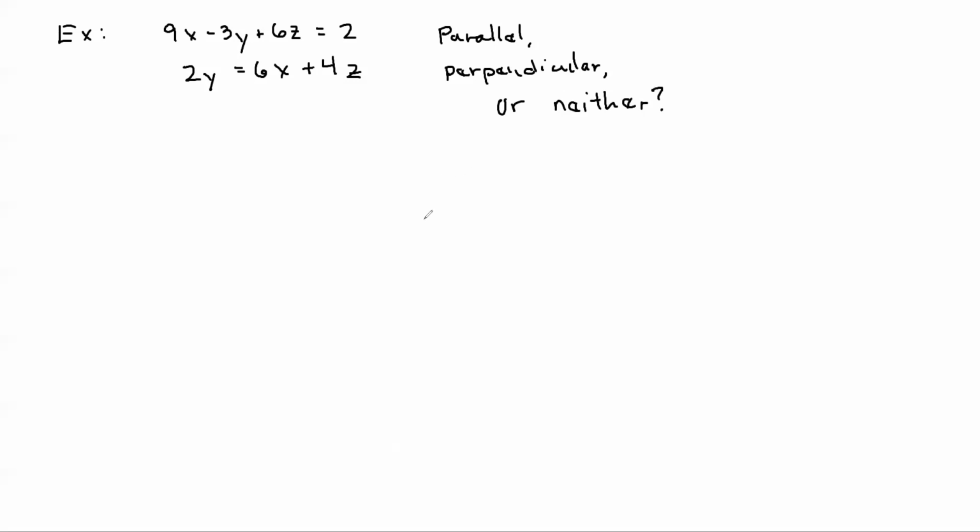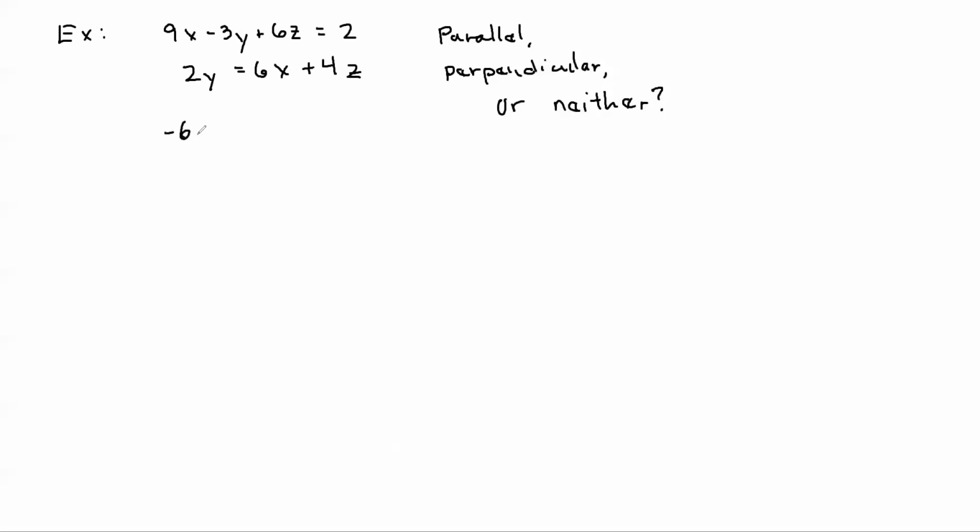In order to answer that, the first thing that we check for is, are they parallel? And the way that we check for that is we want to compare their normal vectors. So let's rewrite this second one so that it's in the form where we can just read off its normal vector. To do that, move the x and z to the same side as the y.